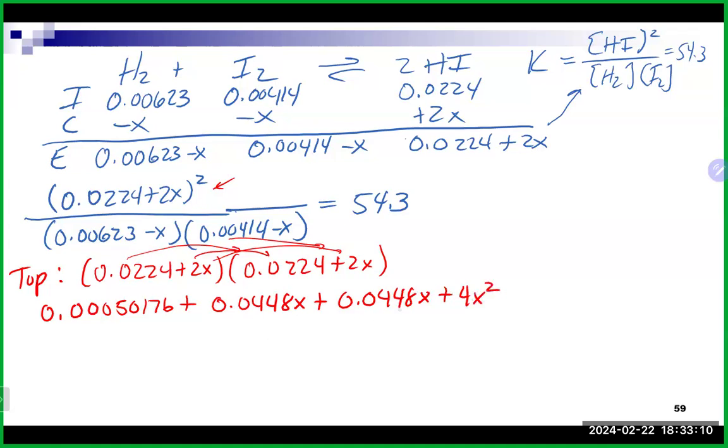We obviously could combine our x's there, and for the top part, we will get an equation that looks like 4x squared plus 0.0896x plus 0.00050176. So that is the sort of equation you should get after you factor everything out.